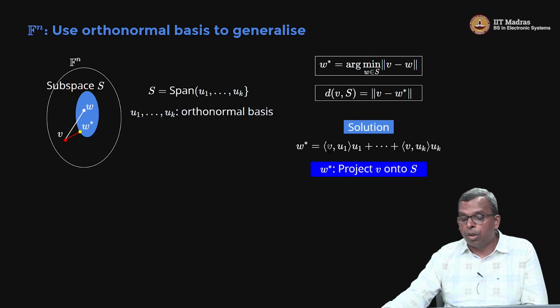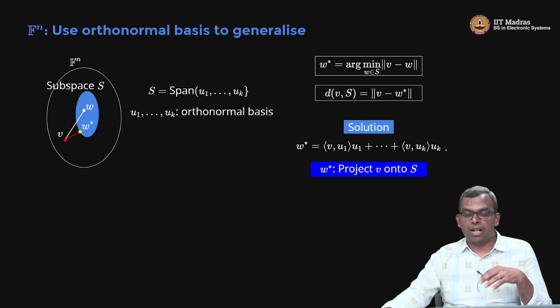So I take inner product v comma u1, multiply with u1. Okay, but remember, S is now k dimensional. I can't just stop here. I have to do it for every other vector here. So plus v comma u2 inner product multiplying u2, plus so on till v comma uk, the inner product multiplying uk, and this sum turns out to be the answer w star. So w star is precisely given by this expression. Okay, so it's an explicit, clear answer using orthonormal basis. Without orthonormal basis, you won't get this easy an answer.